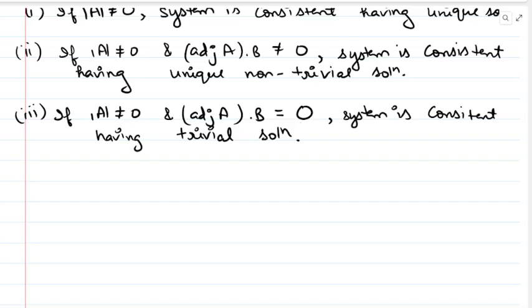Next is, if determinant of A is equal to 0, then the matrix method fails.